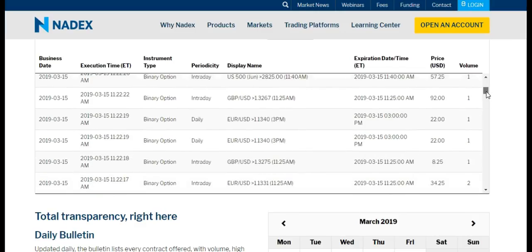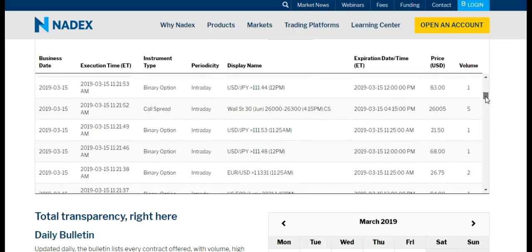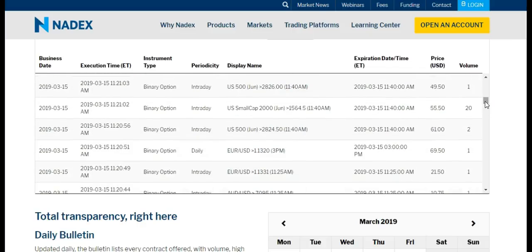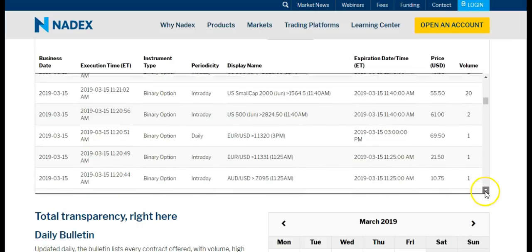So you can scroll down here, a lot of one-offs, two-offs, etc. We're looking for larger trades. So here's a small cap trade, $55.50, 20 contracts. We'll look at that in just a minute. I want to see if there's any other ones here.